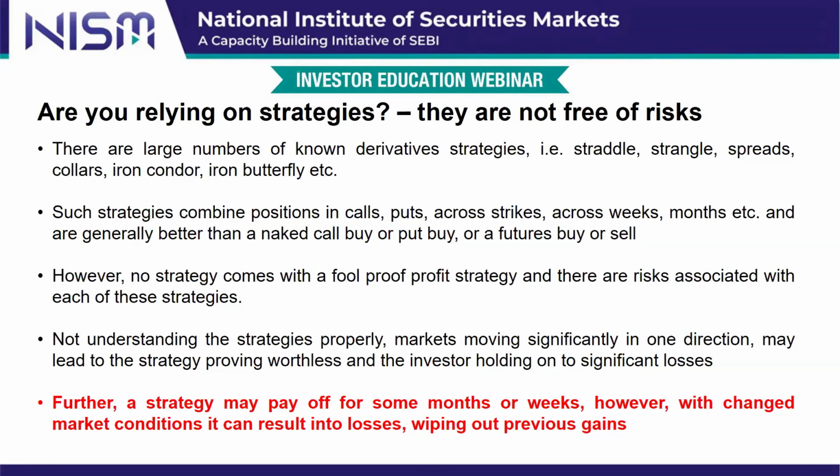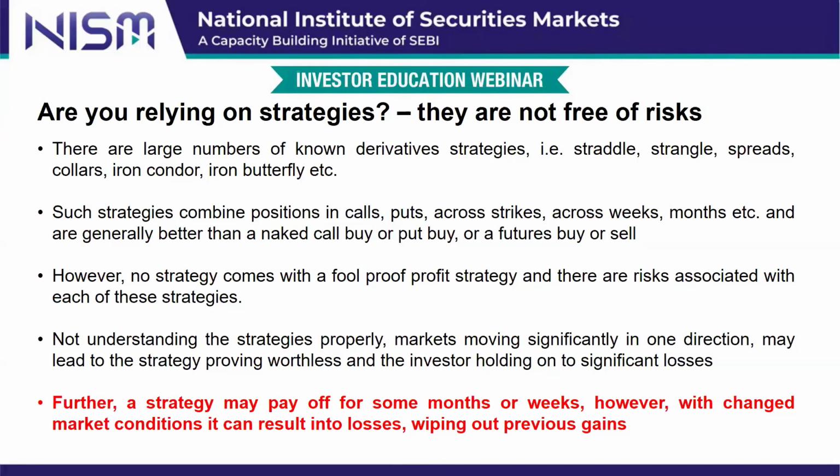Okay. However, you must also remember that none of these strategies is 100% foolproof, such that you will not make any losses. No. If the market stays in the range that the strategy talks about, you will make a profit. But there is always a chance that it could also lead to losses. There is always a chance. So when you do these strategies, as a retail investor or whoever it is, you must understand the strategies very, very well.